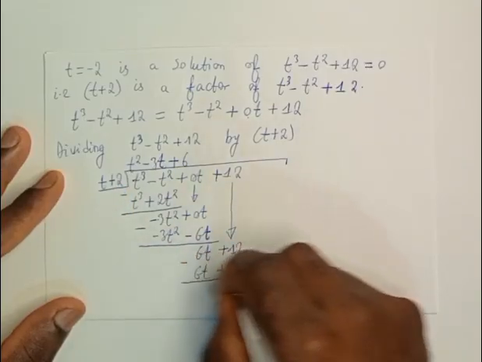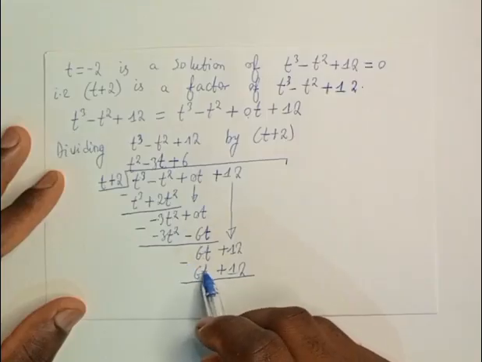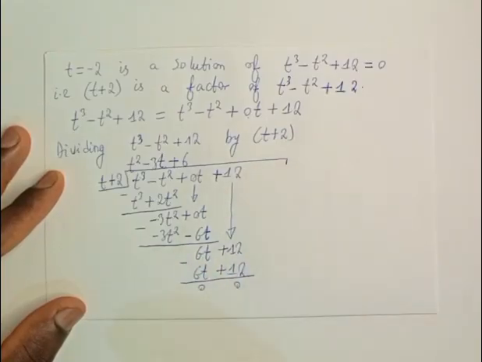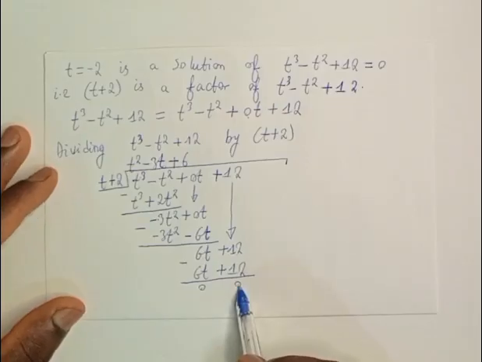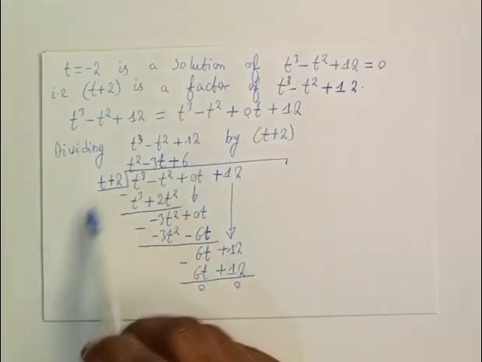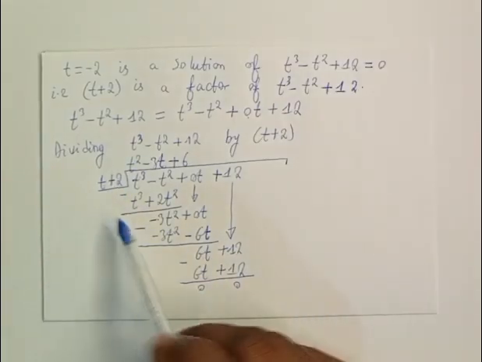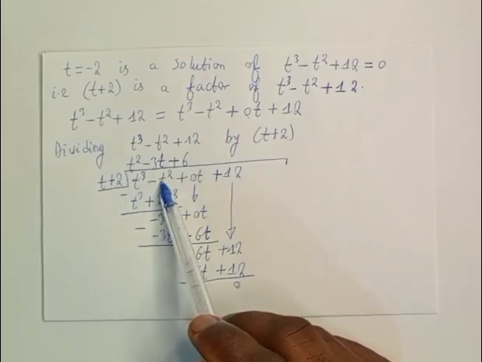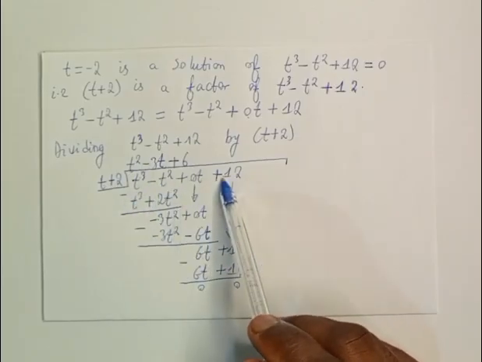We subtract. 6t minus 6t gives 0. 12 minus 12 gives 0. You see the remainder is 0. And it simply proves that t plus 2 is a factor of the polynomial t cubed minus t squared plus 0t plus 12.